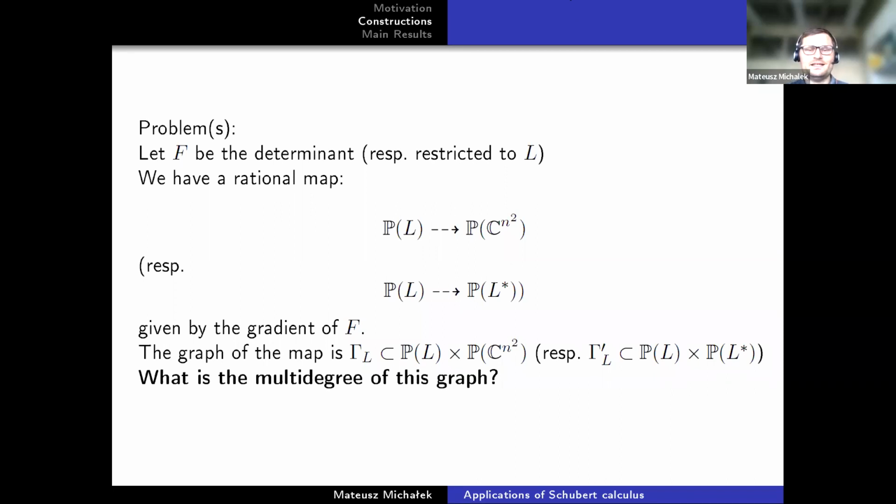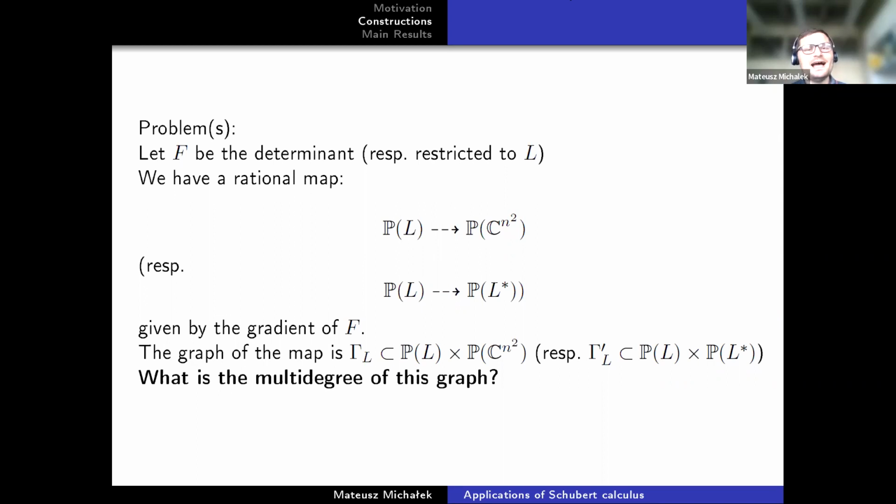The gradient vanishes precisely on matrices of rank at most n-2, and there I will not be able to go to the projective space. But on full rank matrices, I get a well-defined gradient map from PL to P^(n^2-1). And I claim that what I am counting will only depend on that one map.